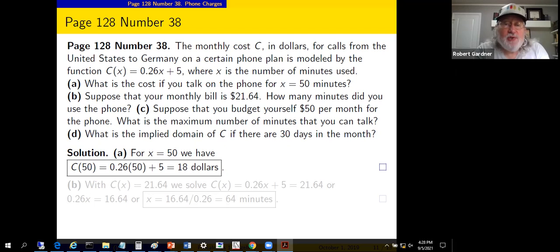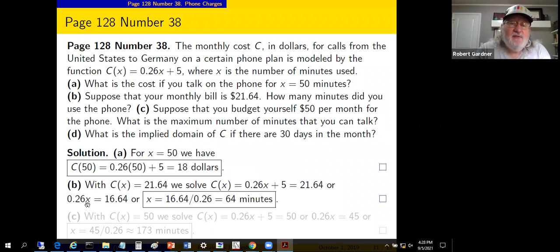So that question is C of x equals 21.64 dollars, implies x equals what? So we'll take C of x, 0.26x plus 5, and we'll set it equal to 21.64. Solve for x. That'll be the number of minutes that produces a bill of this size.